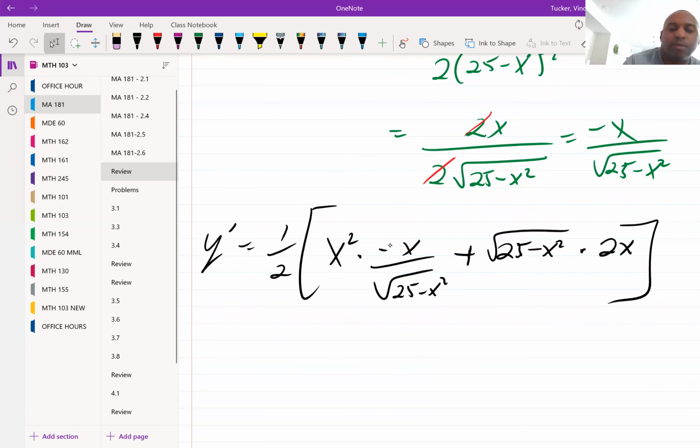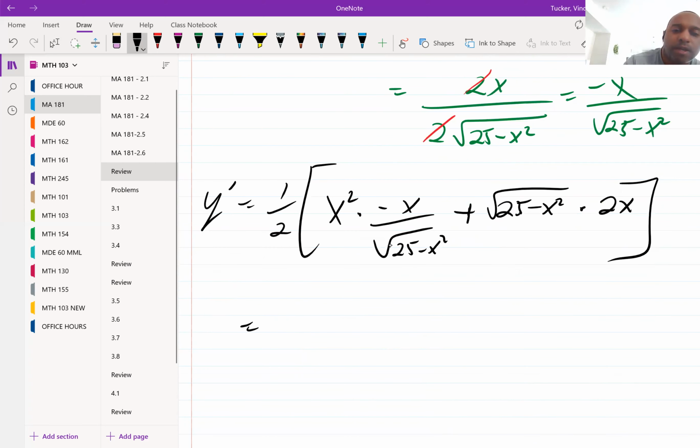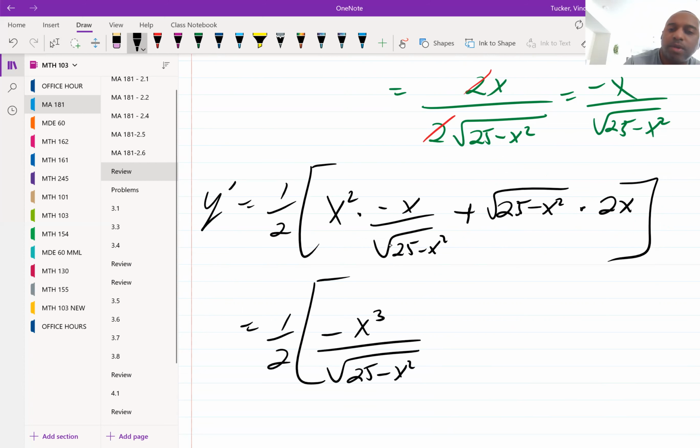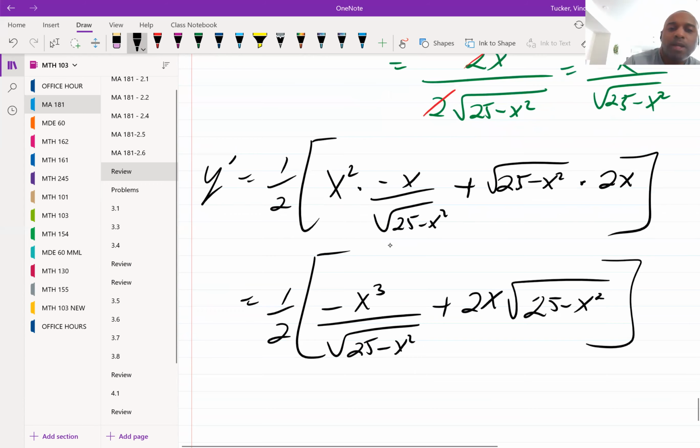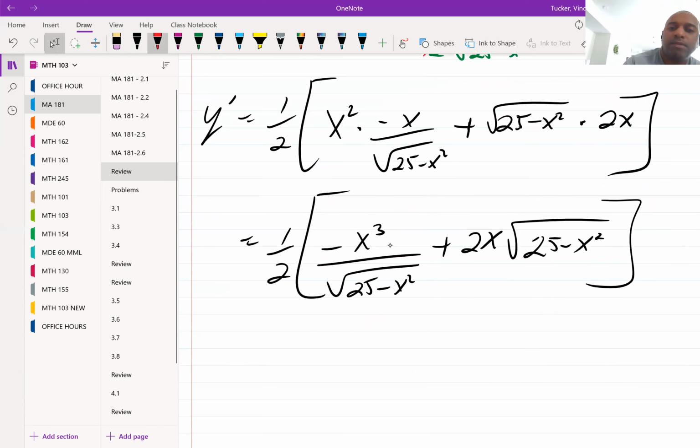So now we can simplify this expression. Before I do this, the 1/2, that's going to be negative x cubed over the square root of 25 minus x squared, plus 2x square root of 25 minus x squared. Now distribute this 1/2.